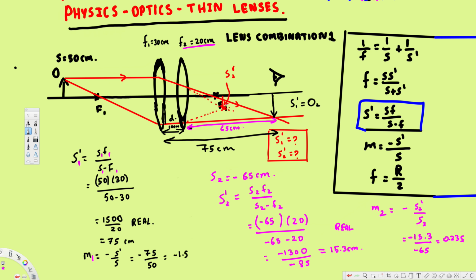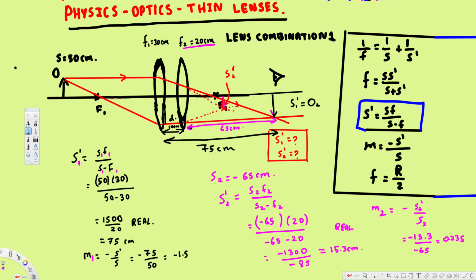Here we are getting a positive answer, but if you look at the diagram, we have the inverted image. The reason for this is that the image of the first lens was the object for the second lens, right? The image of the first lens was inverted. So when we do this calculation, since the result is positive, it means this is also inverted.